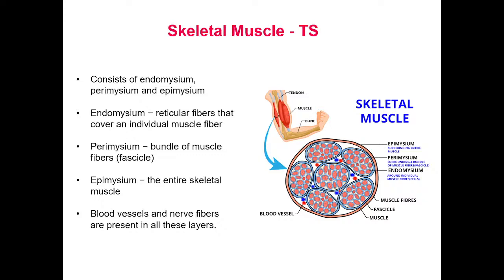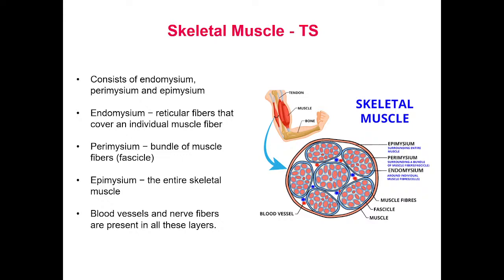Then these muscle fibers come together and form a bunch called a fasciculus. The same connective tissue surrounds that fasciculus, and these fasciculi come together and form one muscle, like the biceps, or gluteus maximus, whatever muscle it is. It has the same structure. The muscle is made up of fasciculi, and fasciculi are made up of individual fibers.